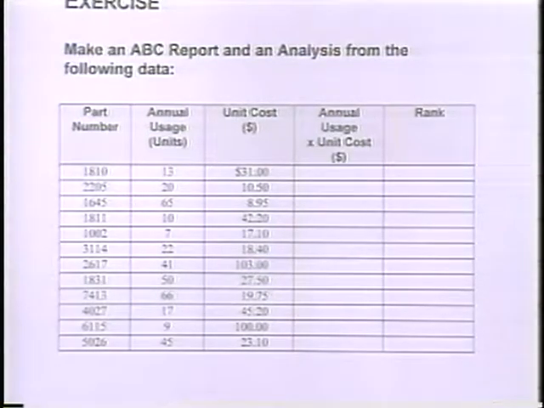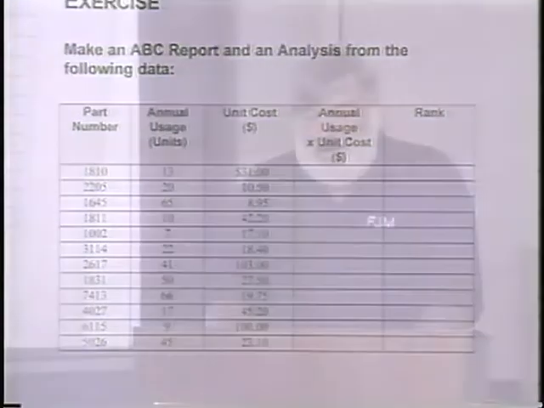There's only 12 calculations involved, so with a little handheld computer or calculator, it's not going to take long to do this. Now, that right-hand column says rank. What you're going to do is select the part number that has the highest annual usage value and rank that 1. Then you go to the next highest, 2, 3, and 4. So that right-hand column randomly is going to show you 1 through 12.